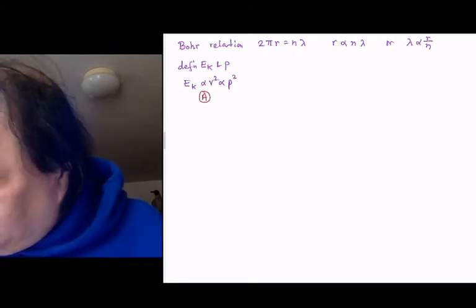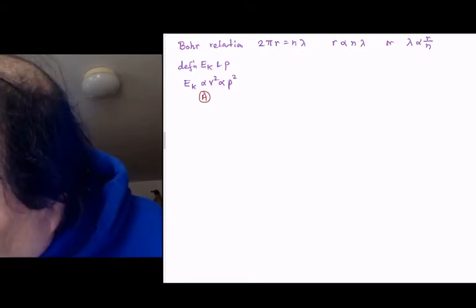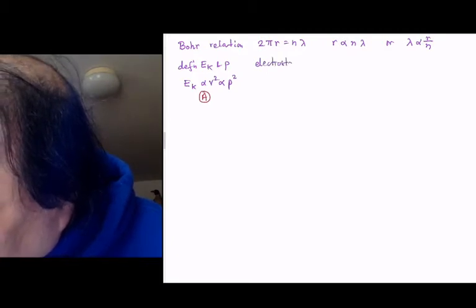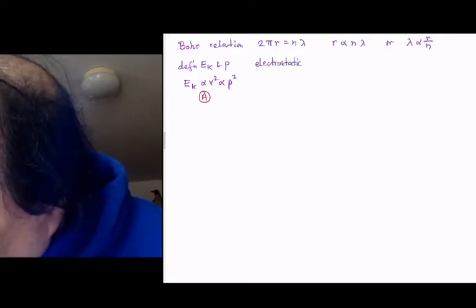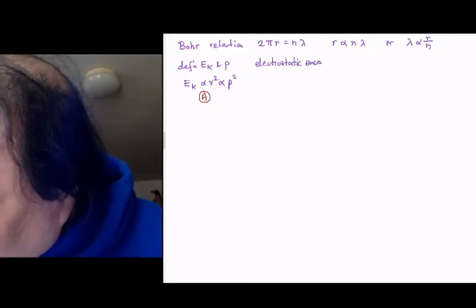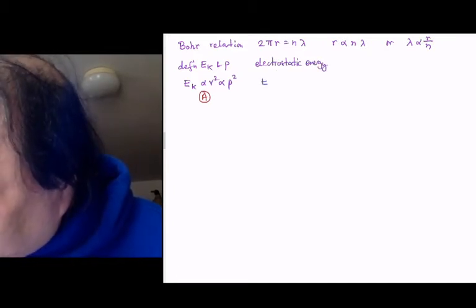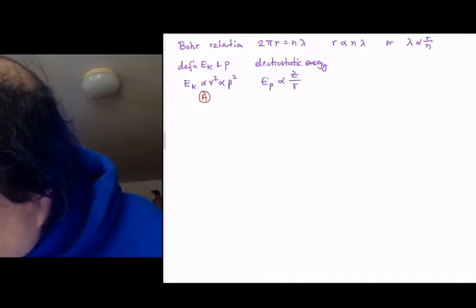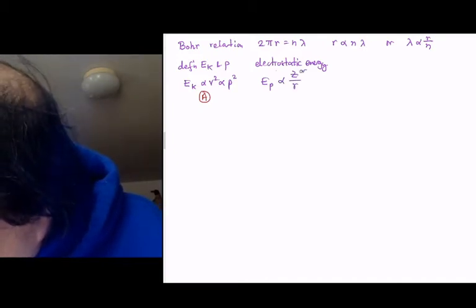Then we have electrostatic energy, which is that EP is proportional to Z over R, where Z is the atomic number.